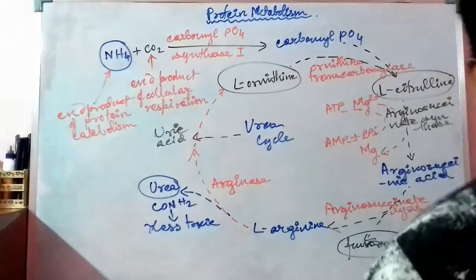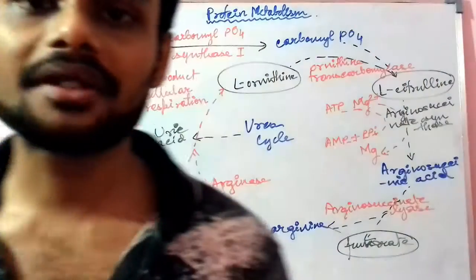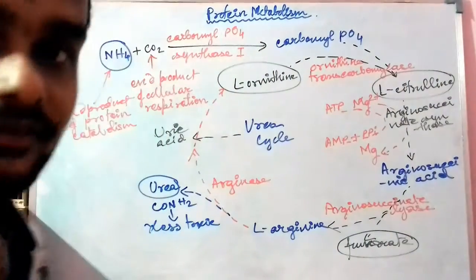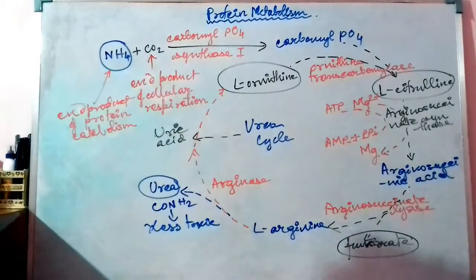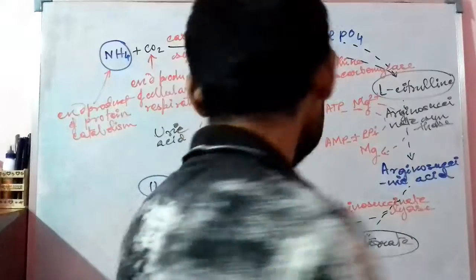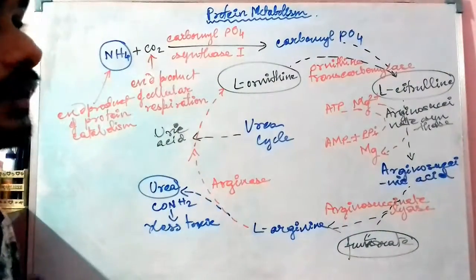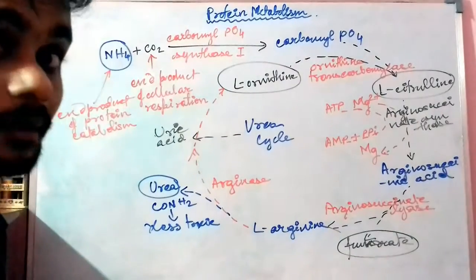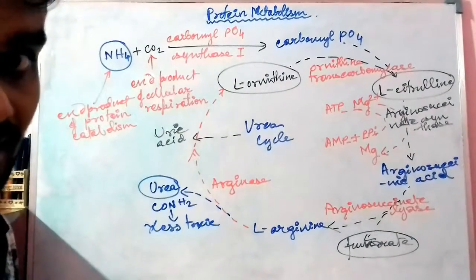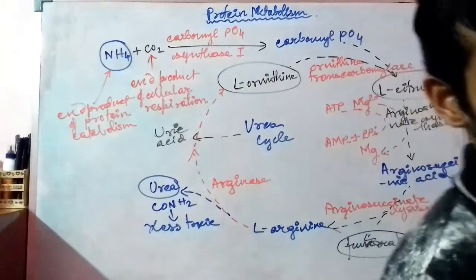This uric acid is excreted out of the body in the form of urine or different pellet-like or droplet-like structures. Apart from urea, uric acid is also the excretory product in birds, the group of aves, apart from reptilia and also amphibia.